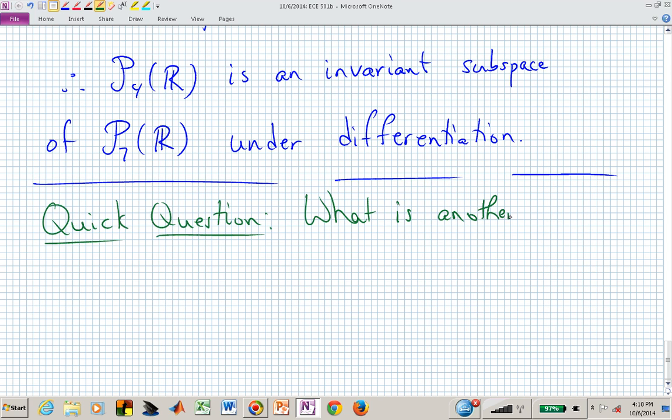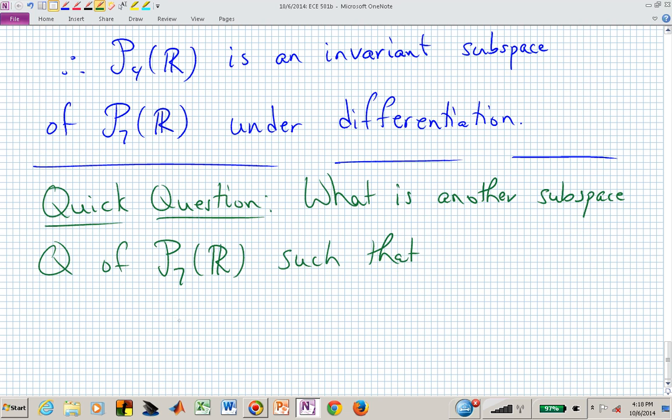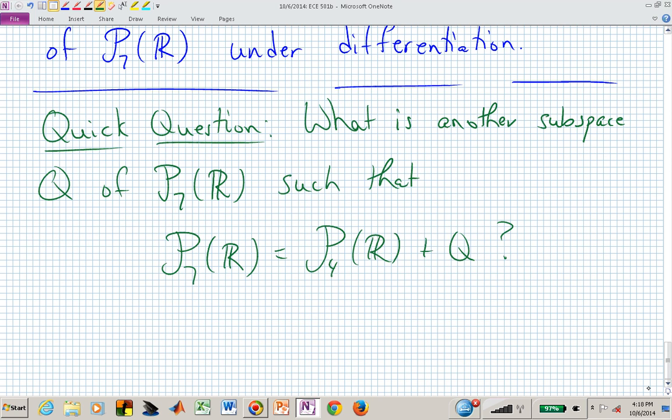What is another subspace Q of, let's say, P sub 7 of R such that P sub 7 of R is equal to P sub 4 of R plus Q? Can you define a subspace such that when you combine fourth order polynomials?